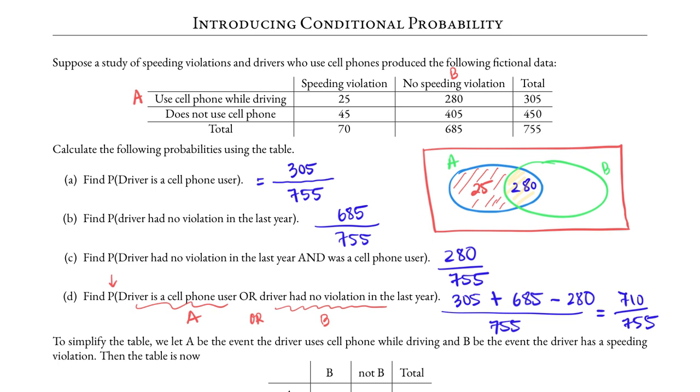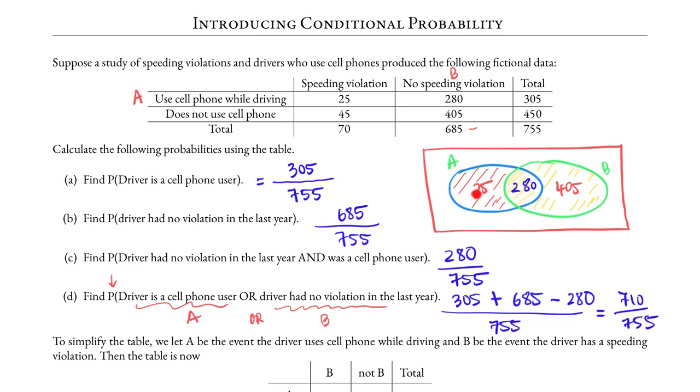Similarly, there are 685 drivers who got no speeding violation. Out of those 685, 280 use a cell phone while driving, and therefore 405 do not use a cell phone while driving. And these 405 who got no speeding violation do not use a cell phone.